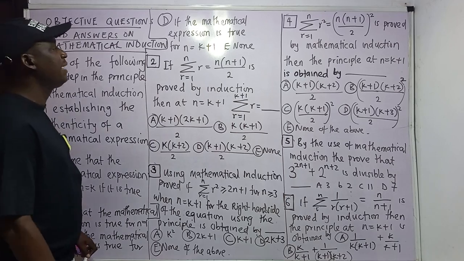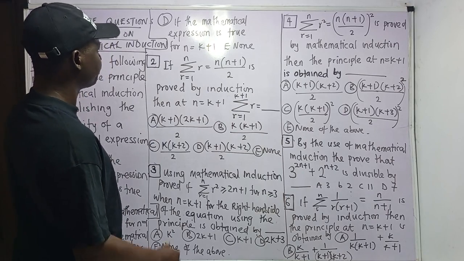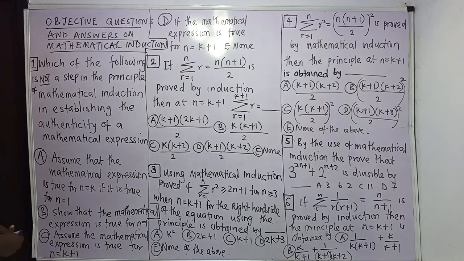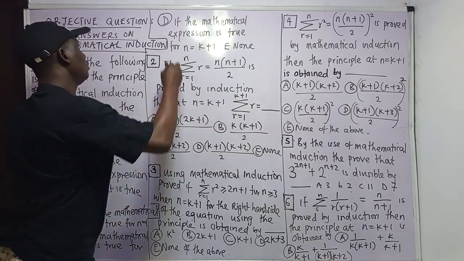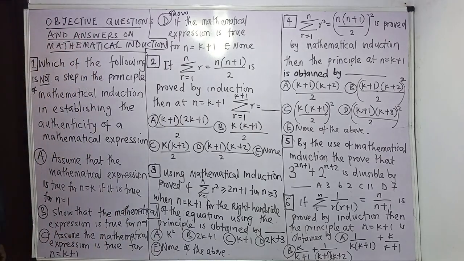Option D said if the mathematical expression is true for n equals k, then you show if the mathematical expression is true for n equal to k plus 1. Yes, you show.